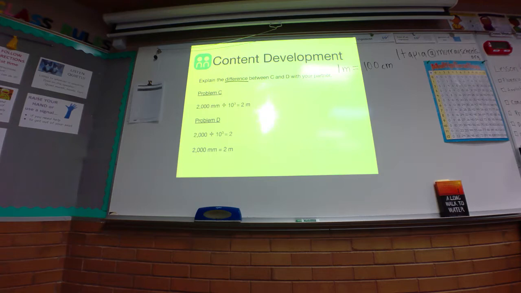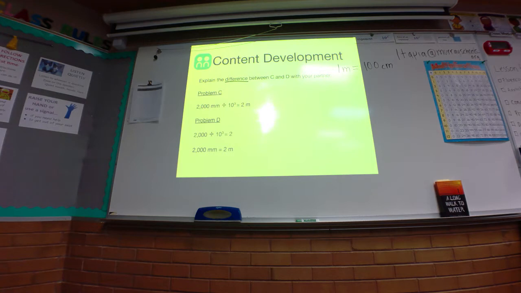Let's keep it all in millimeters and see what happens. 2,000 millimeters divided by 10 to the third, which is 1,000, right? How many millimeters is that going to be? There's not that much difference. I agree with you. So how can that be 2 meters? I don't think it can be. This one doesn't say it in millimeters.